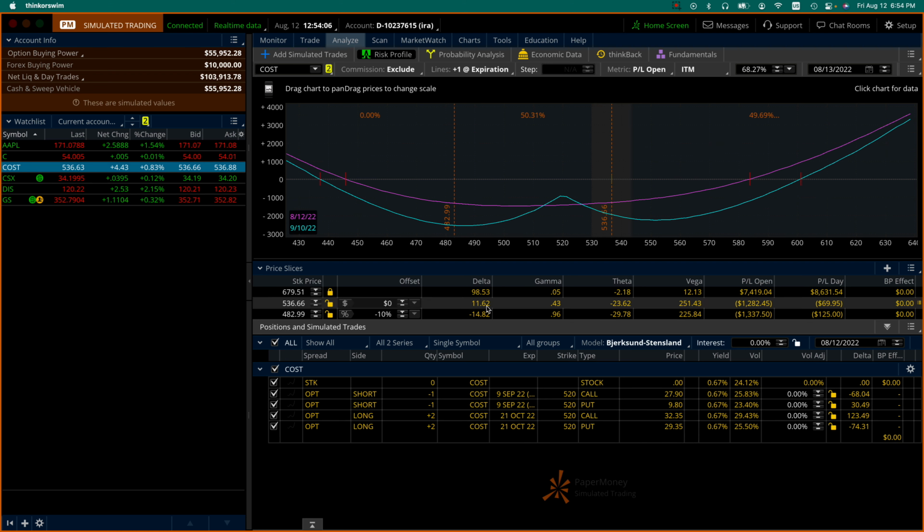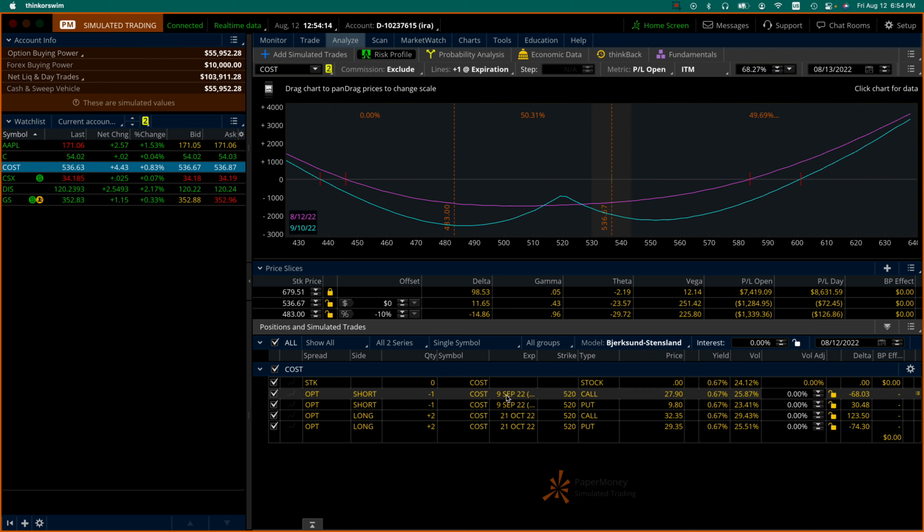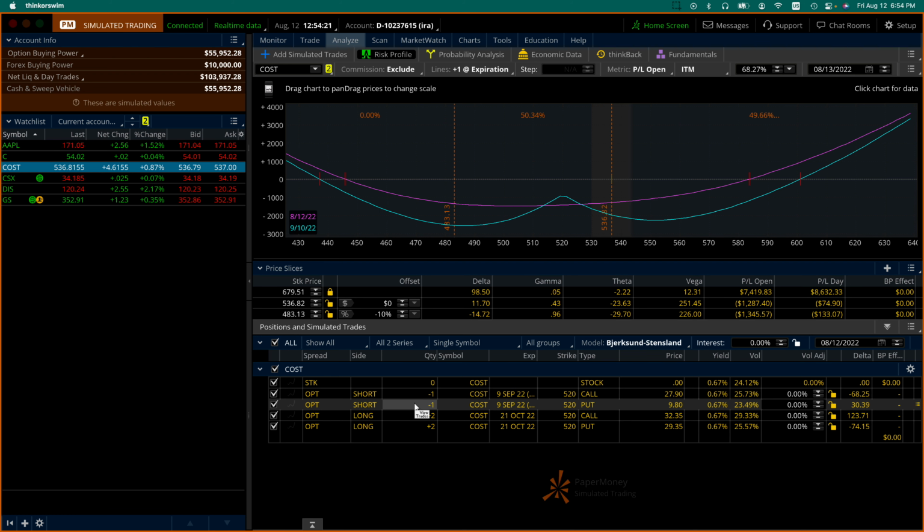Okay, the deltas are very small, so I'm going to leave it like that right now, okay? September the 9th, there is plenty of time for that to wear off, okay? The front month options do wear off. They lose their value as we get closer to expiration, but we want to leave it in case there is a strong move in either direction.